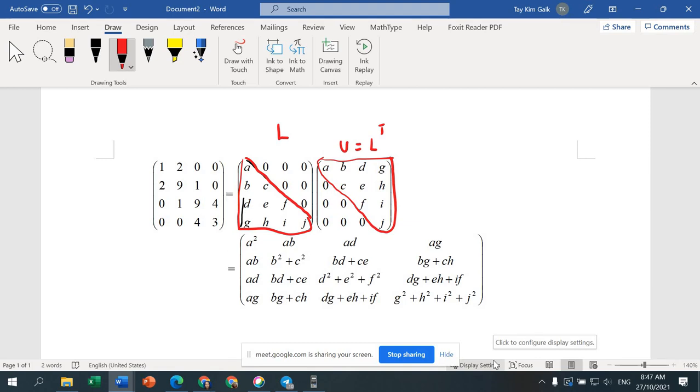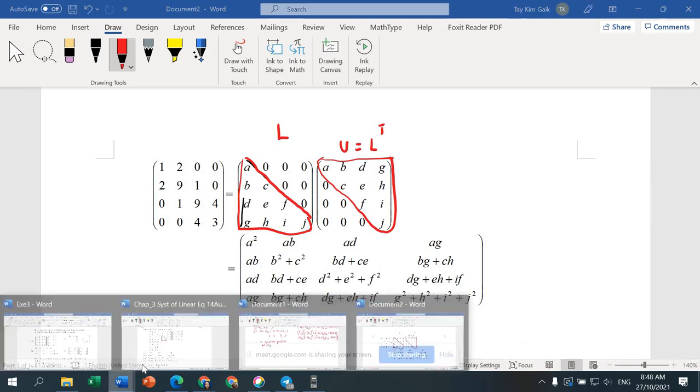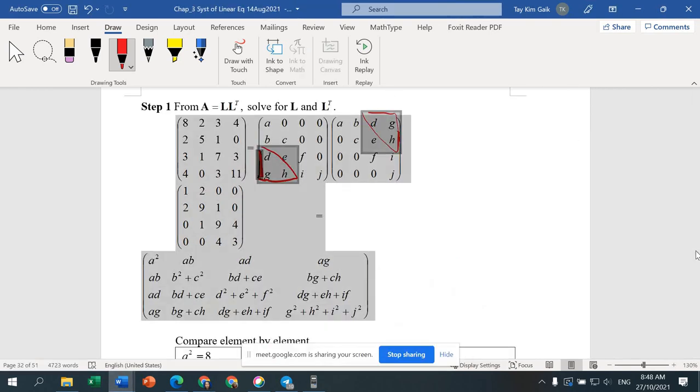So Cholesky, U is L transpose. If Thomas, the DGH here is 0, and the diagonal of U is 1. If you look at Thomas, it's very important you get the correct one.